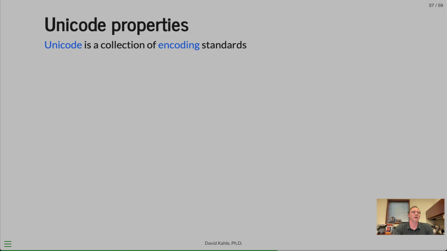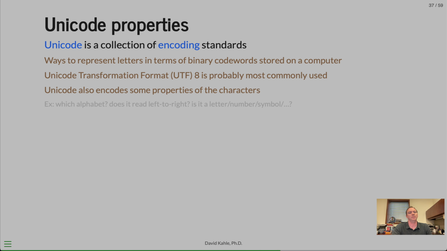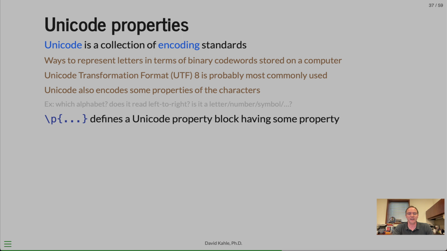Along the same lines, Unicode is an encoding standard that allows you to put in richer characters than just A, B, or F. So this would support things like emojis and glyphs or symbols in other languages, or maybe accents on Latin characters. Those symbols can actually be characterized by properties that they have, which is inherent in the Unicode system. And to do this, you can refer to those kinds of properties with a \p block, okay?